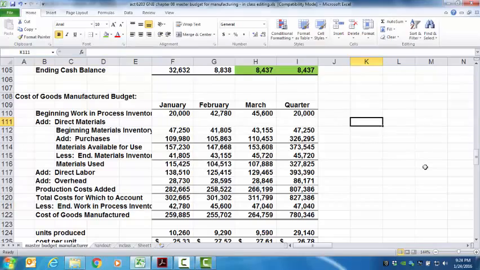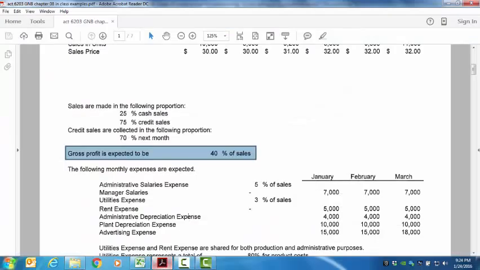To find gross profit, I'm going to take my sales revenue, I'm going to subtract the cost of goods sold, and that will give me my gross profit. Now, I know that the gross profit rate in this case is 40% of sales.